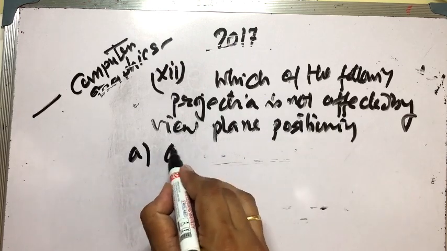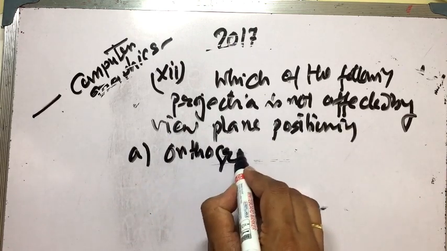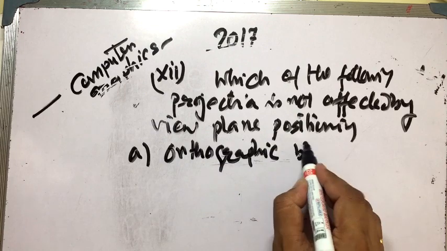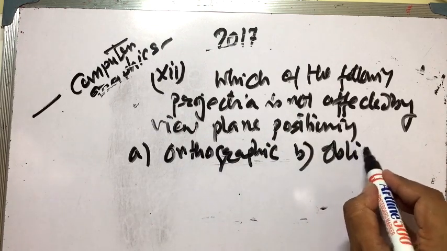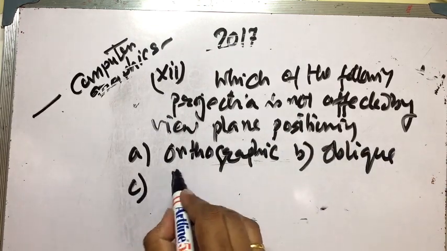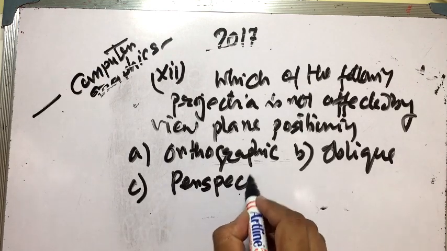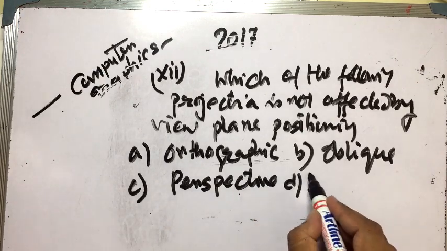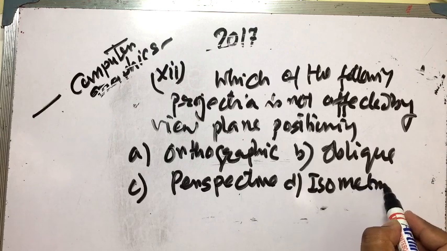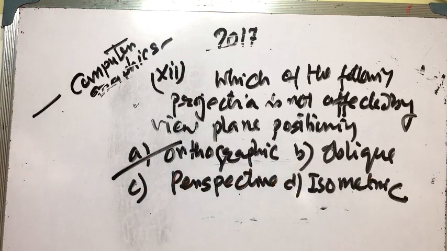Option A orthographic, option B oblique, option C perspective, option D isometric. The answer is orthographic. So this is the end of the MCQ questions of 2017.